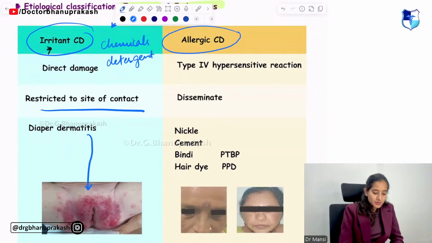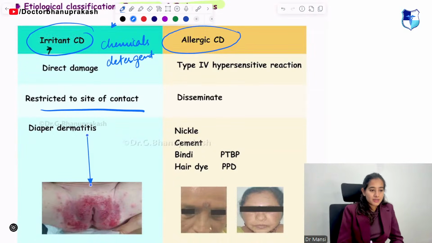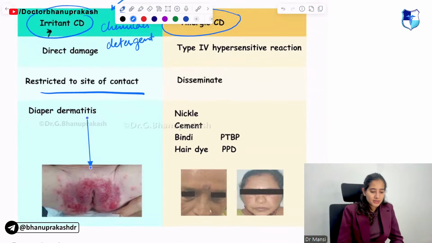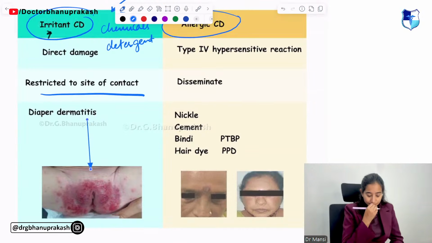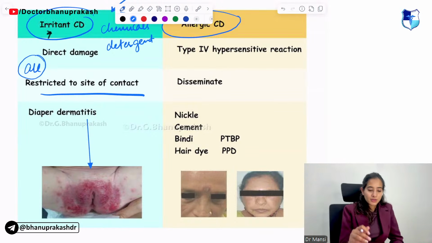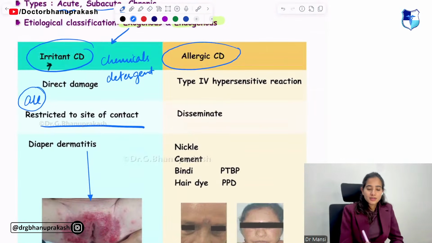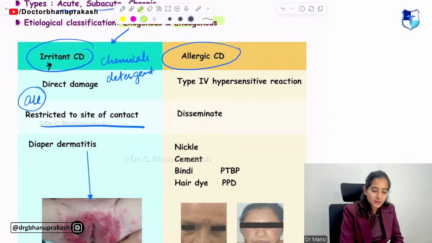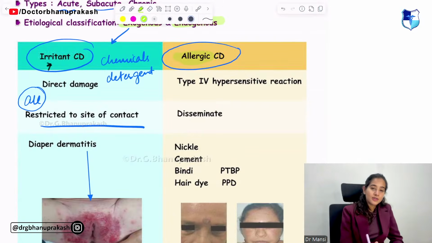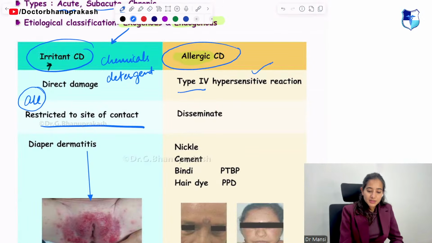One such example is diaper dermatitis, which can be seen in babies. The diaper, the cloth, whatsoever, is causing this rash. This is going to be present in all kinds of people, because if it is an irritant, everyone is going to be affected. Versus allergic dermatitis, which is going to be present only in individuals who are allergic to that kind of chemical.